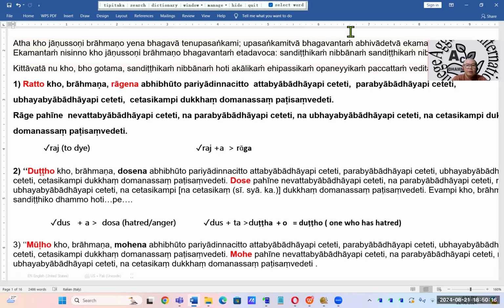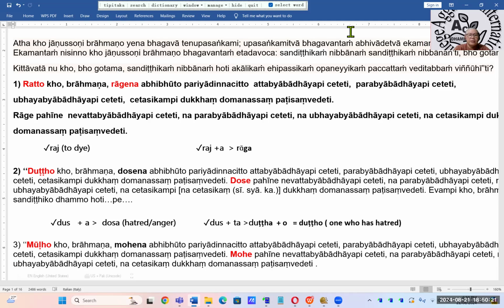After approaching the Buddha, he sat at one side. Sitting at one side, he asked the Buddha this question, Sanditthiko Nibbana, Sanditthikam Nibbanam, 2 times. Then he asked, in what extent or in what way is Nibbana visible in this life?